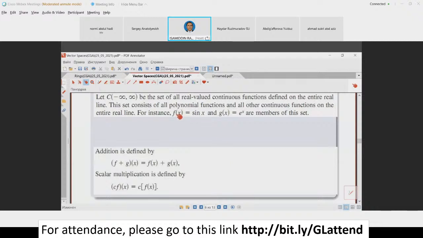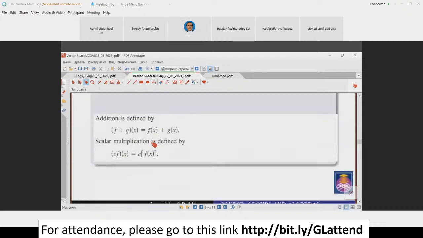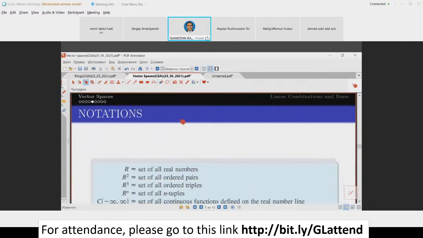Say for these functions, we take for each of them a real number: x is one real number, sin x is a real number, and e to the x is also a real number. Add up these real numbers, and the result is the value of the function which is the sum of these two functions. All right.